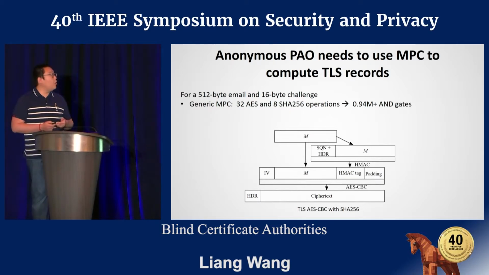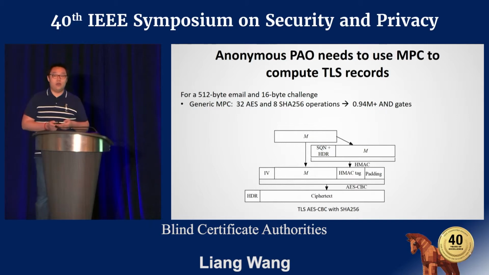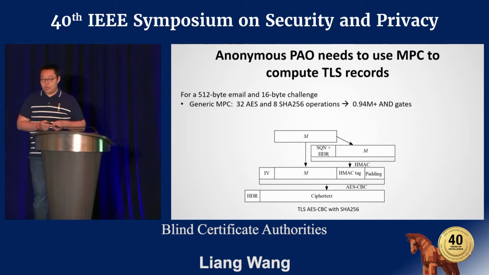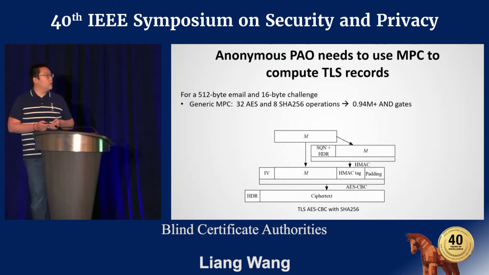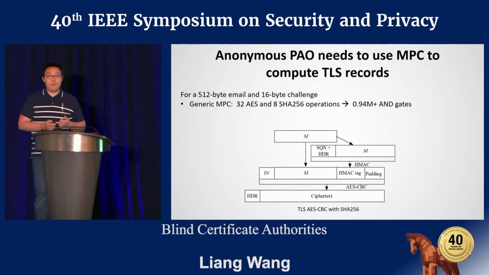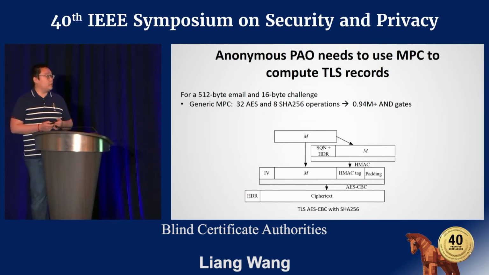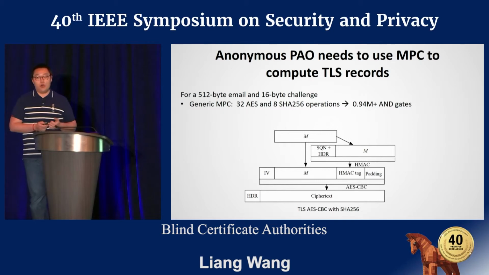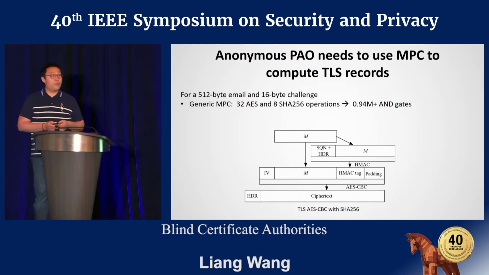For a 512 byte email and a 16 byte challenge, if we use generic MPC techniques, we get a very large circuit. It has nearly 1 million AND gates, and it could be very slow. So therefore we design a more efficient special purpose MPC protocol.